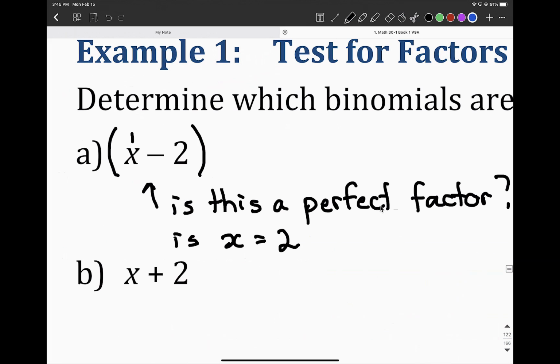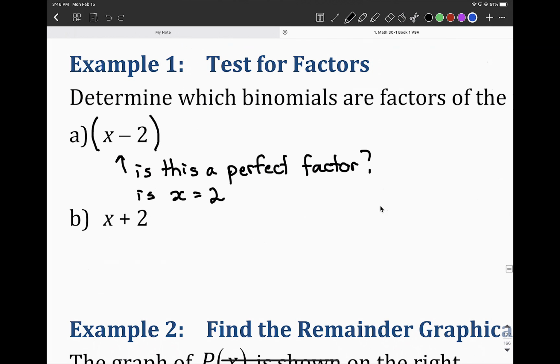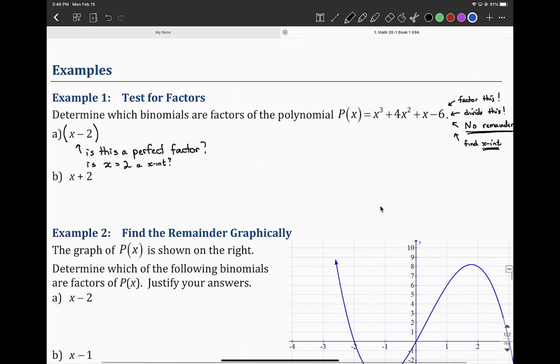Because if you put 2 here, 2 minus 2 creates a 0. Zeros are known as x-intercepts. So when we ask if something's a factor, we're basically saying, is x equal to an x-intercept? Which is exactly what this test is.